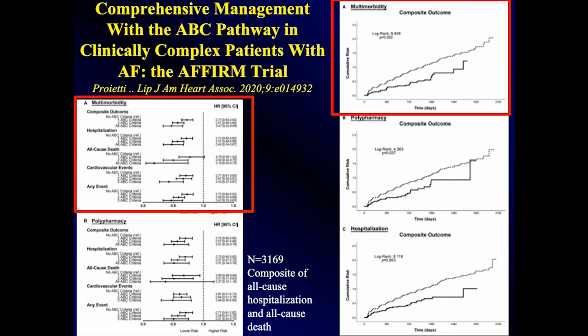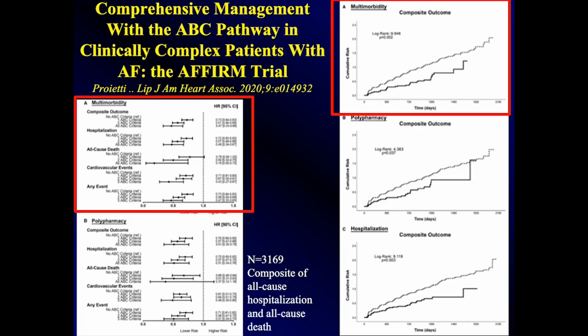And in over 3,000 subjects, where we looked at the complex groups, which included multimorbidity, those with polypharmacy, and those who've had hospitalizations, in all the three complex groups, compliance with the ABC pathway was associated with significantly better outcomes, the composite of all-cause hospitalization and mortality compared to non-ABC compliant patients.